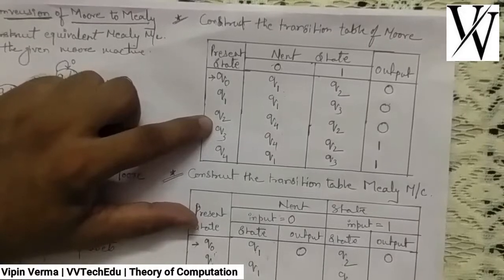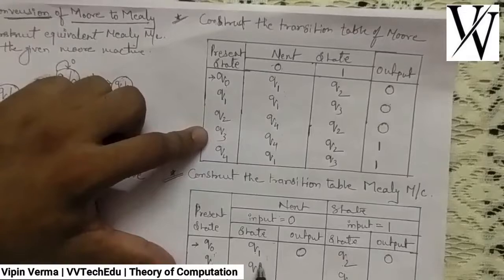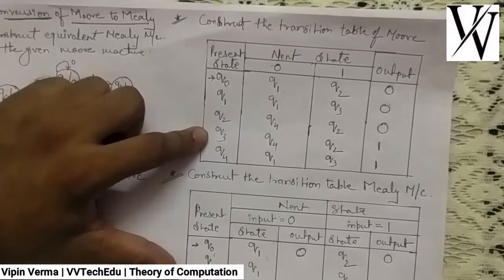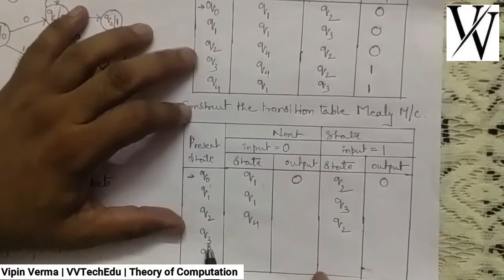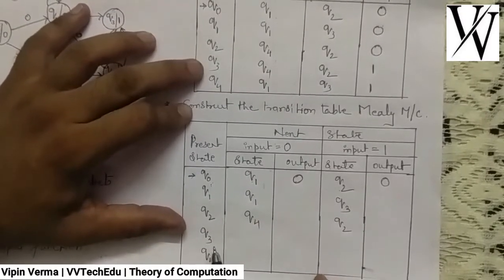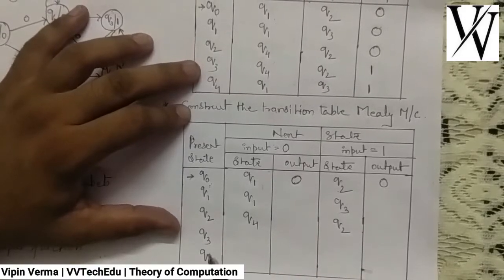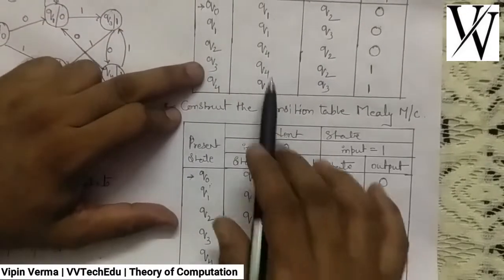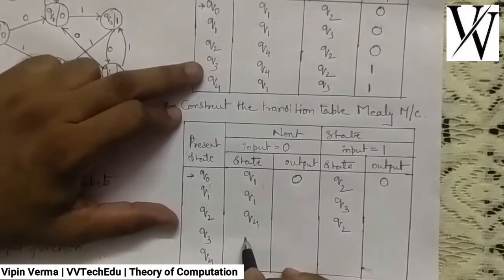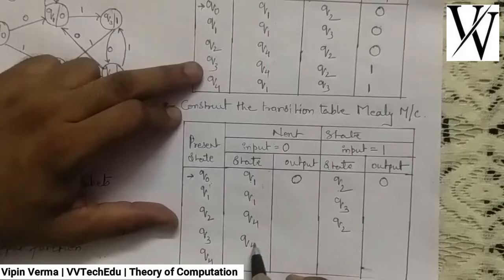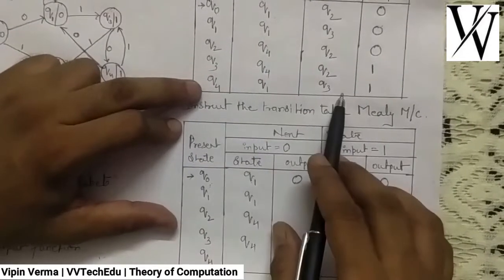So the transitions will remain the same, only the outputs we specify will be the outputs corresponding to these states, and we will specify them here. Okay, so you can see at Q3 state, for Q3 state you can see Q4 and Q2. So just specifying Q4, Q2. Now at Q4 state, Q1, Q3.